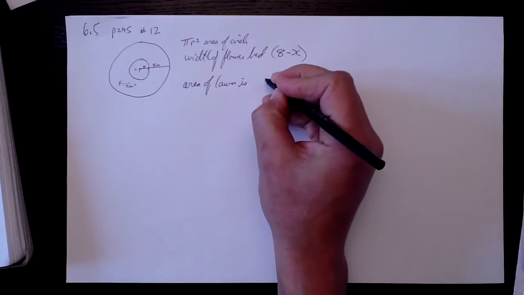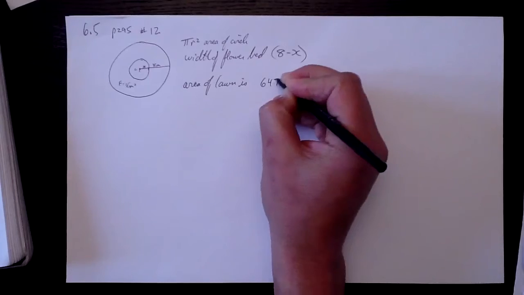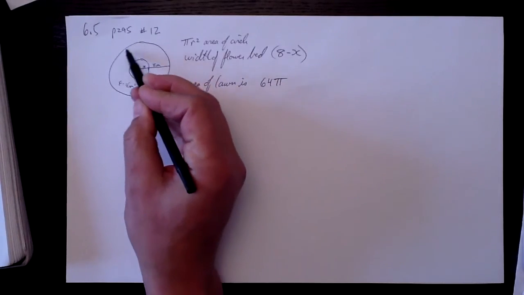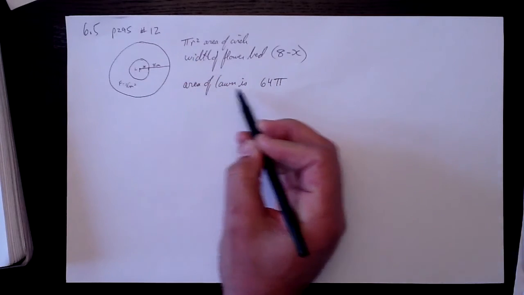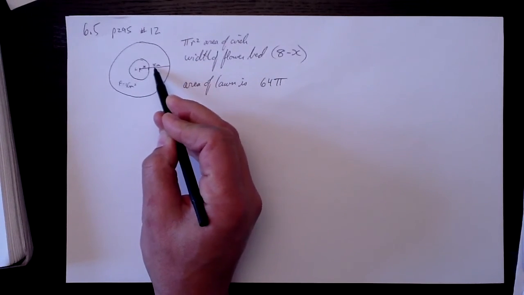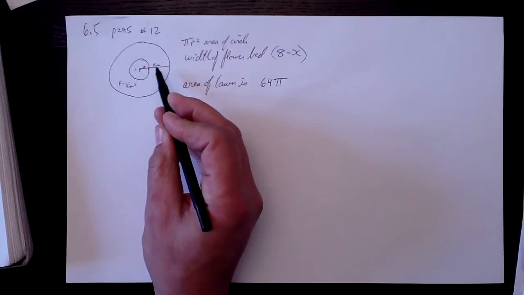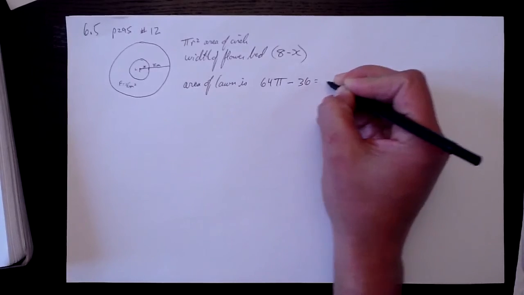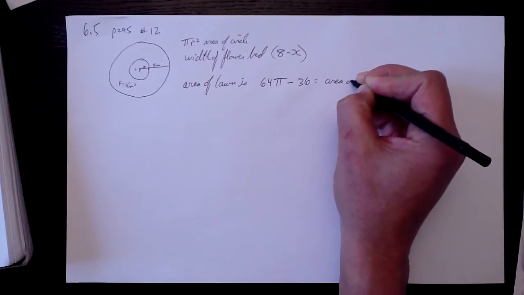The area of the entire thing is going to be 64 pi, because 8 squared times pi is 64 pi. So 64 pi minus 36 equals the area of the lawn.